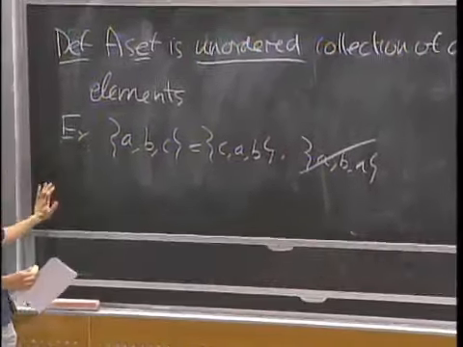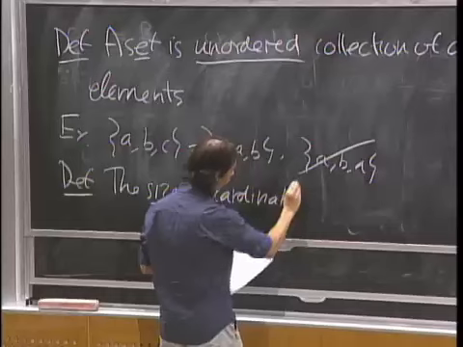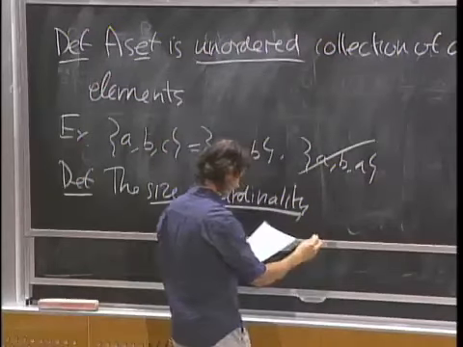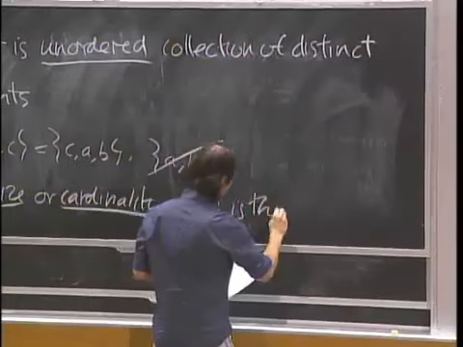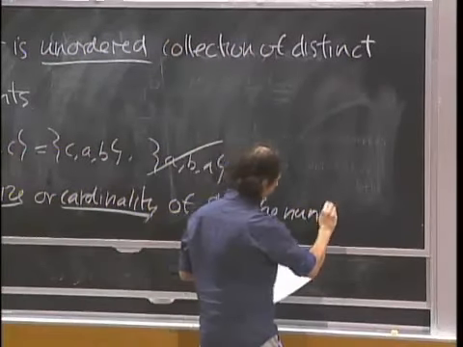a set. So what's that? The cardinality or size is defined as follows. It's just a number of elements that the set S really has.